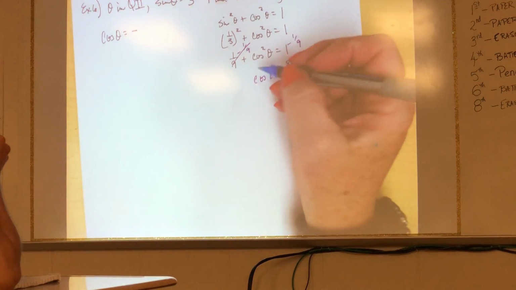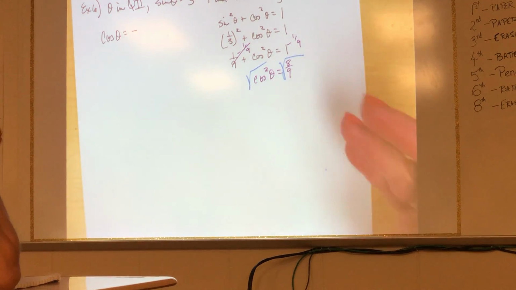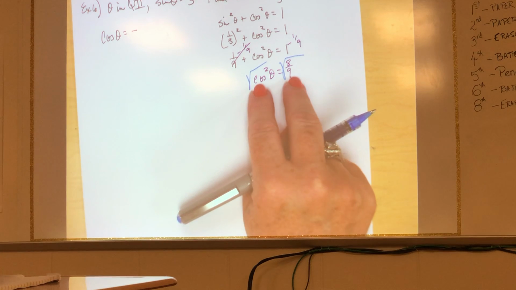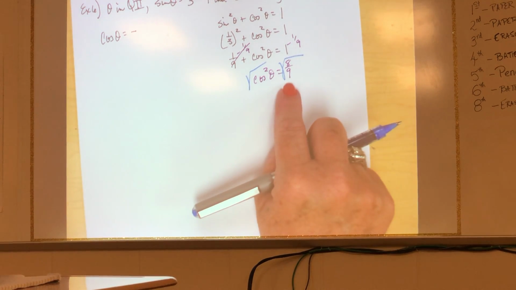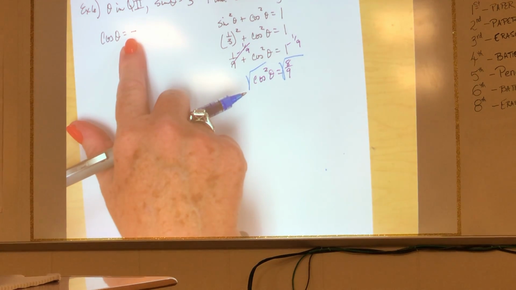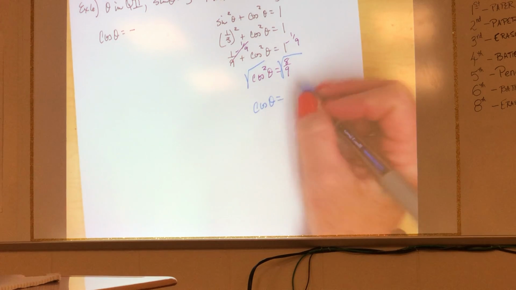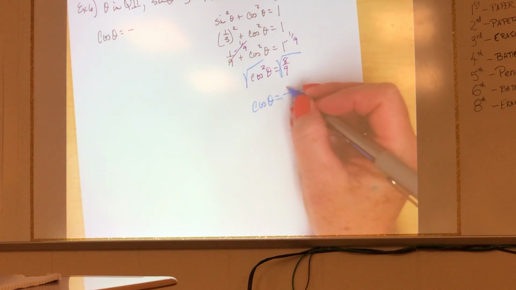Now what am I going to do? Square root both of them. Now listen to me, I'm trying to bring back some memories. When you take a square root in an equation, you have to be thinking about plus or minus. So now we know that it's a negative. That's where that minus comes into play. So cosine theta equals, what's the square root of 9? 3. On the top I have the square root of 8.